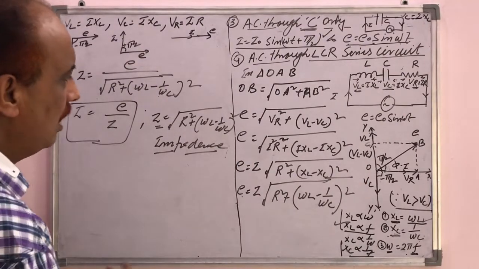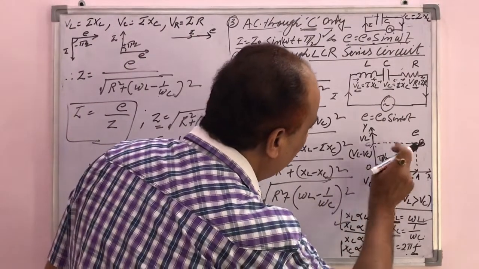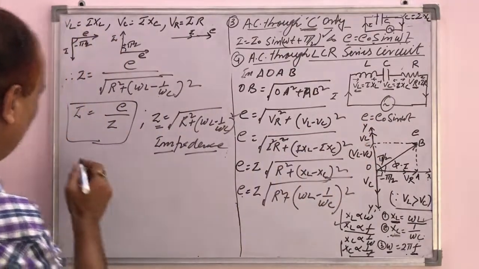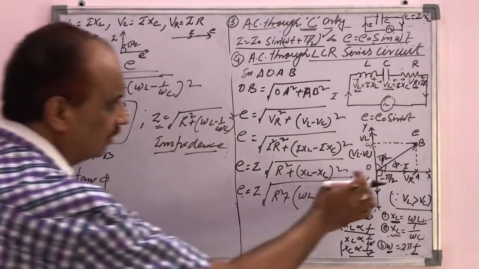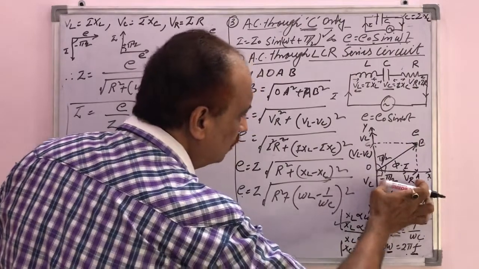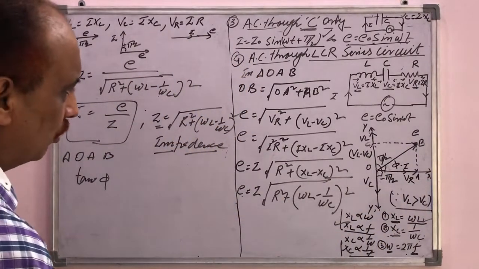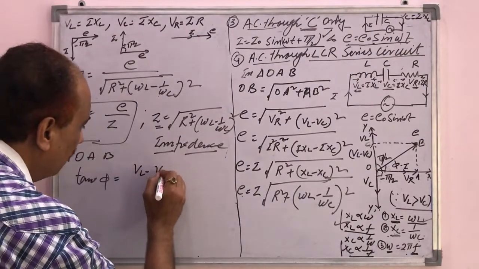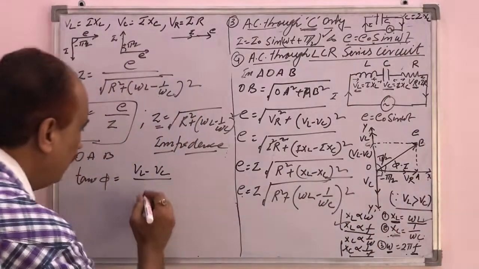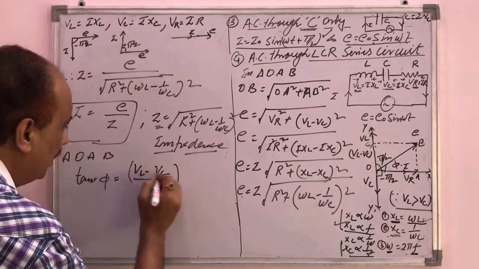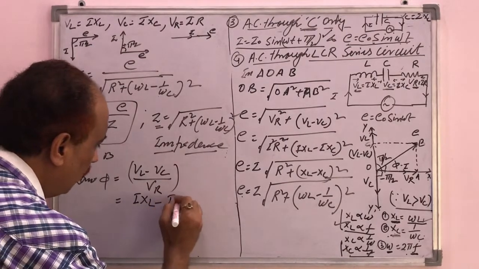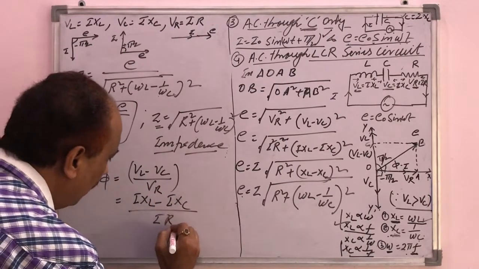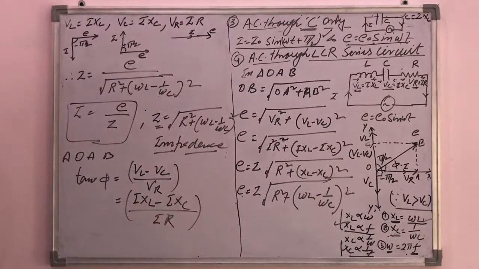Now what will be the angle made by the current vector with the resultant E? Again in this triangle OAB, we have to find tan phi. Tan phi equal to this side AB upon OA, meaning perpendicular upon base. So AB equal to VL minus VC, upon this side equal to VR. Again we put here the values of VL and VC. VL equal to I into XL, VC equal to I into XC, divided by VR equal to I into R. Taking I common in the numerator, it is cancelled out by the I in the denominator.